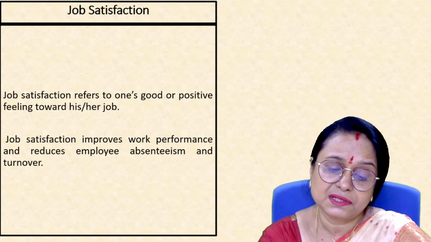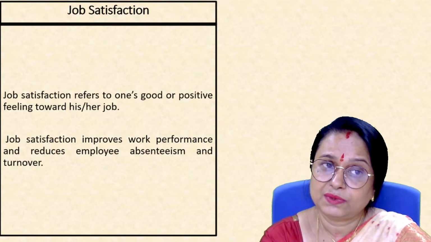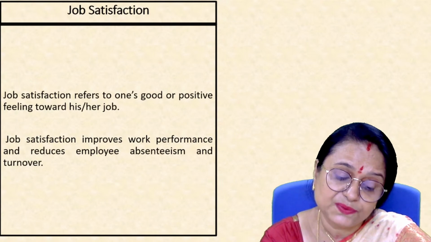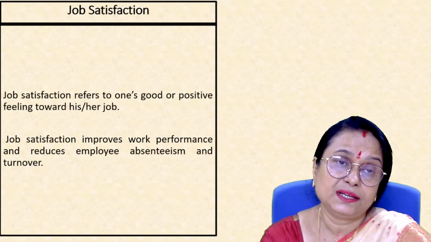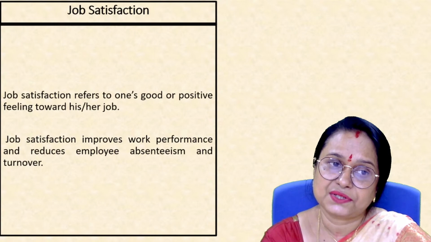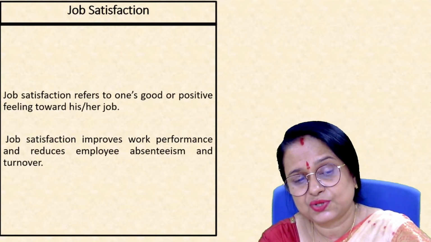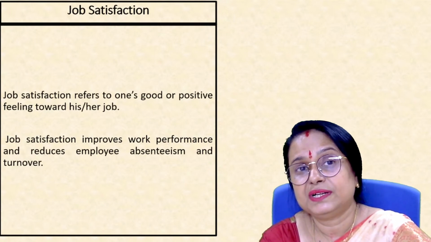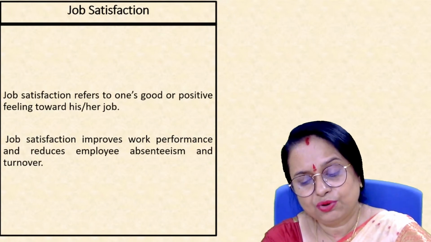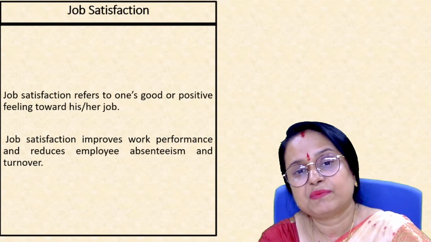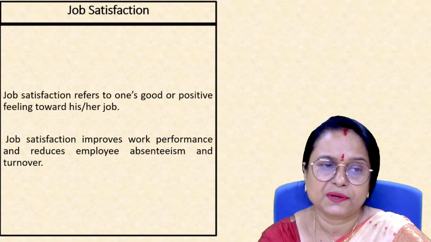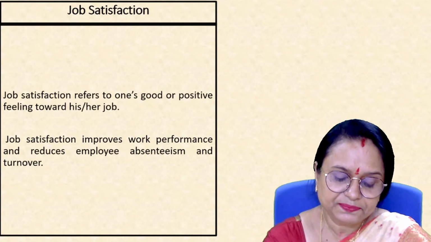If one person is happy with the type of job he is doing, then it gives job satisfaction. If someone is not happy with the type of job he is doing, then it will lead to job dissatisfaction. So automatically employee's performance will go down and the person will remain absent.